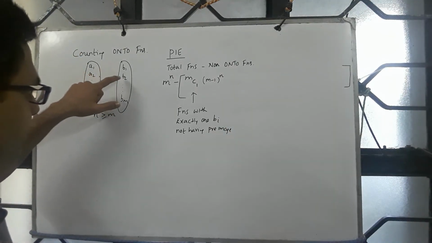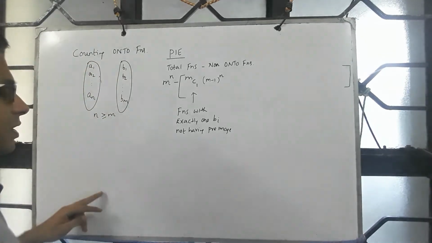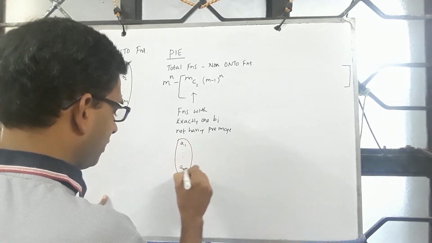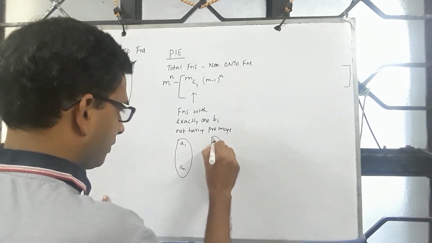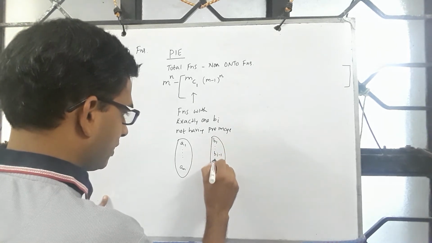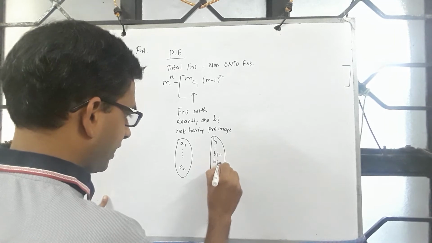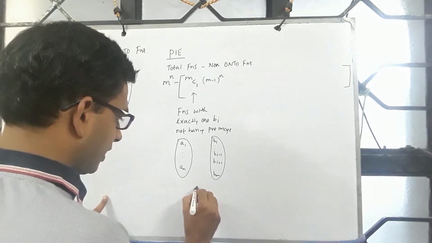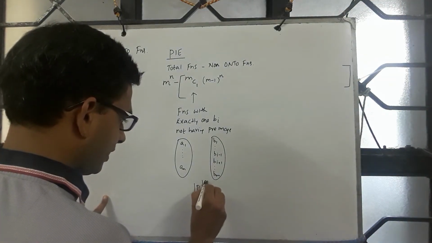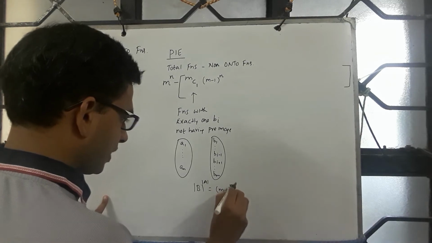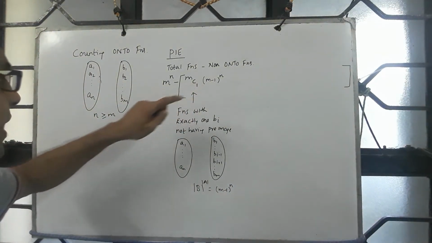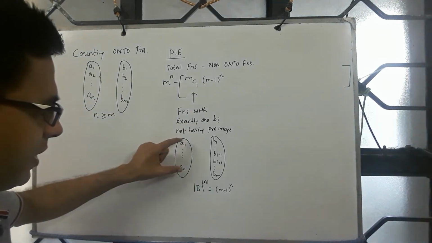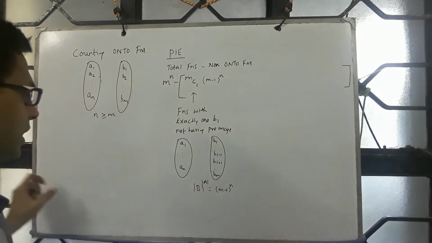That could be b1, that could be b2, and you are interested in counting a1 to an to b1 to bi minus 1, bi is not having a pre-image, then bi plus 1 to bm. So that's equivalent to counting cardinality of B to the power cardinality of A, which is m minus 1 to the power n. One element is not having a pre-image, and how many such functions are there? That's basically mapping n elements to m minus 1. This many are there.